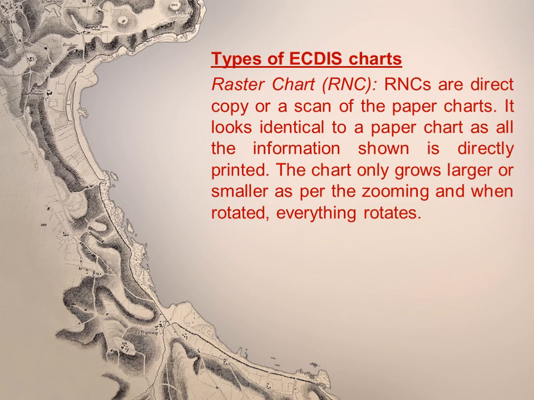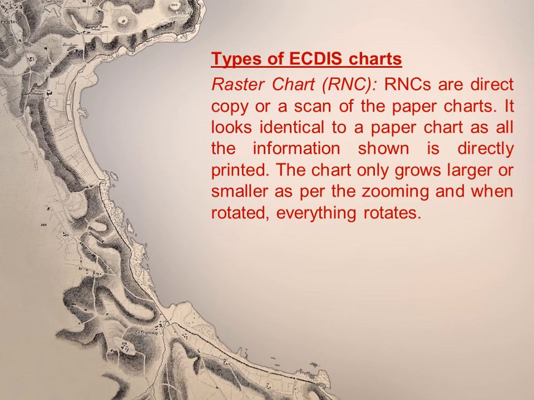Okay. So raster charts are a direct copy or scan of the paper chart. They look identical to the paper chart, as all the information is directly printed. The chart only grows larger or smaller as per zooming, and when rotated, everything rotates. So the raster chart is a photocopy or scanned chart.